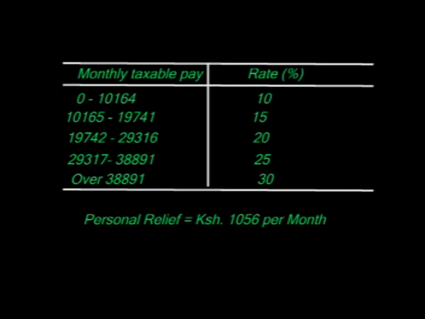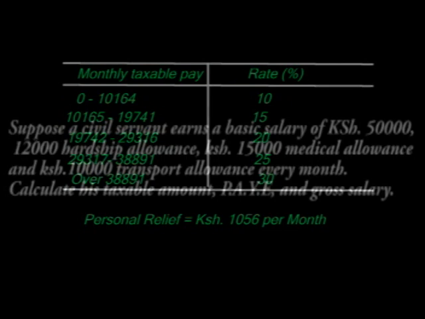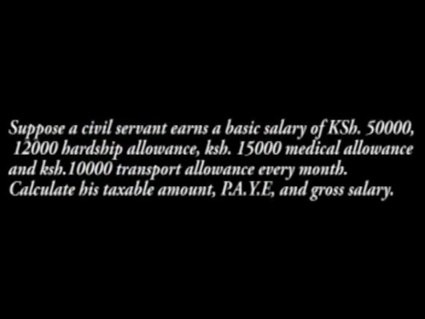Let's use an example to illustrate how tax is calculated. Suppose a civil servant earns a basic salary of 50,000 per month, hardship allowance of 12,000 a month, medical allowance of Kenya shillings 15,000 per month, and transport allowance of Kenya shillings 10,000 a month. Let's calculate his taxable amount, pay as you earn, and his gross salary.